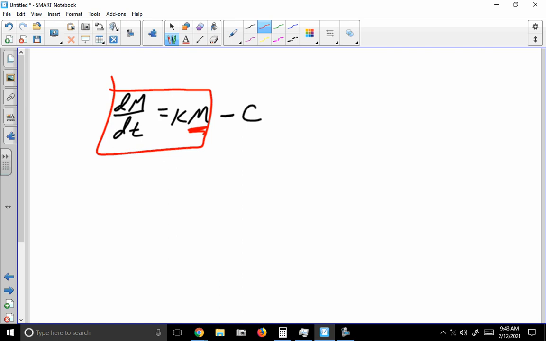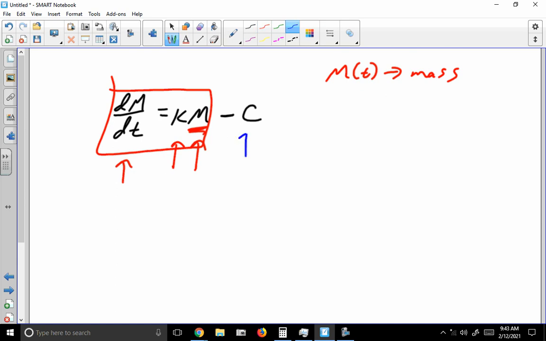So with a few fish, even though per fish it's the same growth, your overall growth is less when you only have 2 fish than your overall growth would be when you have 1,000 fish. So the rate at which the mass is changing is proportional to how much fish you have in that pond. In this case, we're letting mass, or M, stand for the mass of fish.